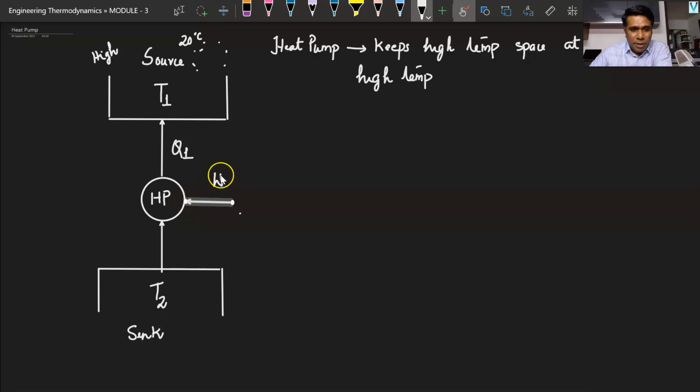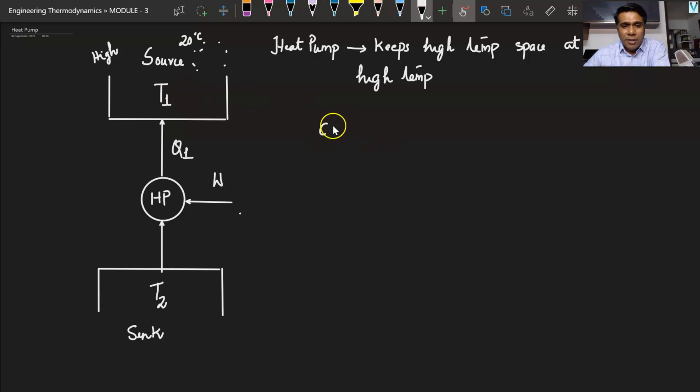So I will be giving work input just like the refrigerator. If you see the block diagram, it is exactly the same as the refrigerator, but the desired output is completely different. The desired output is that the heat pump always supplies Q1 to T1, the high temperature area.